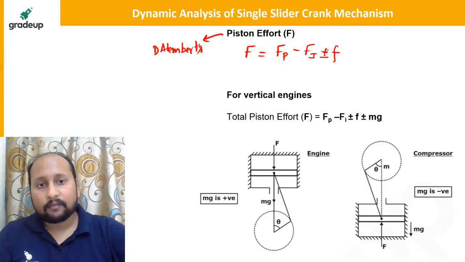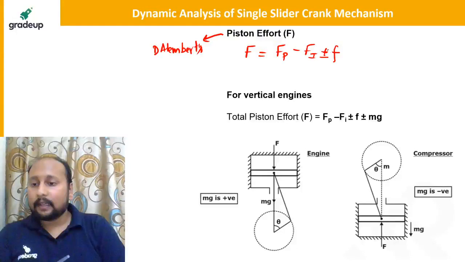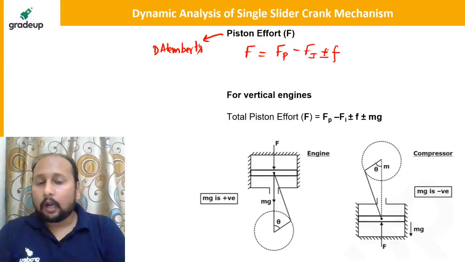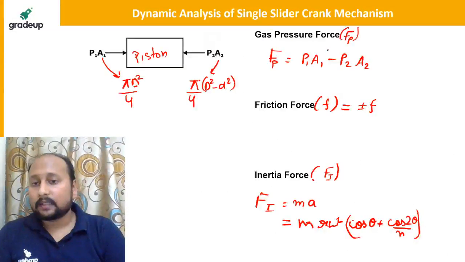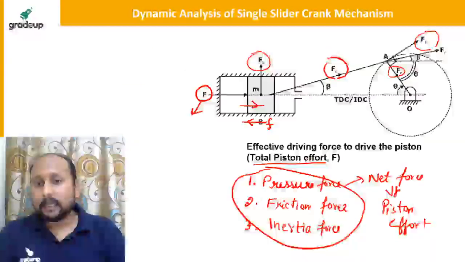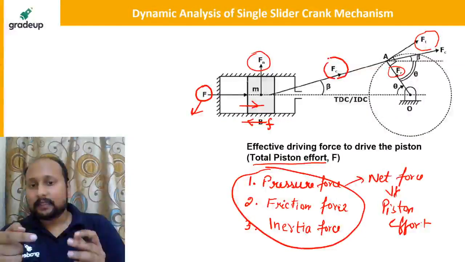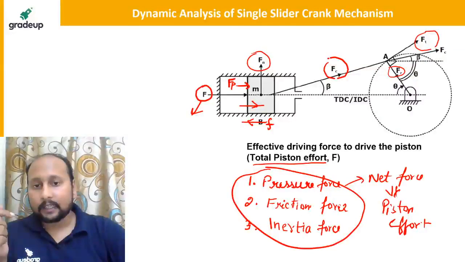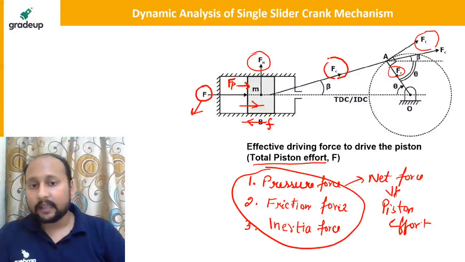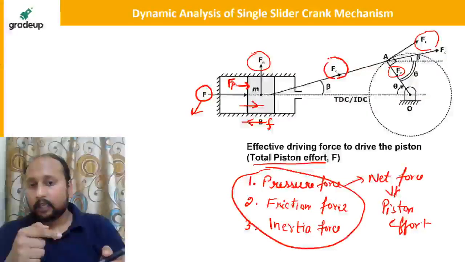Now how are we getting the friction force to be plus and minus? Can anyone tell me? Just see this diagram. Always remember, the pressure force will always be acting along the right hand side direction. Let us suppose your piston is moving from left to right. Then the friction force will be as it is, which I have shown in the figure.